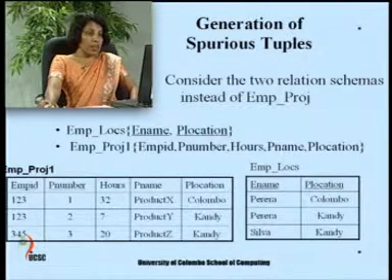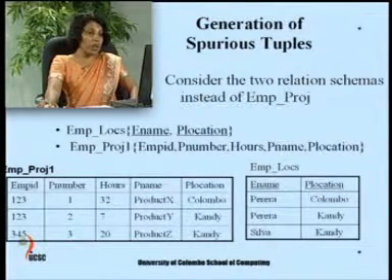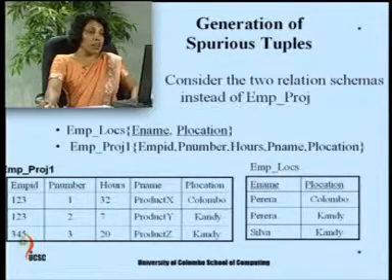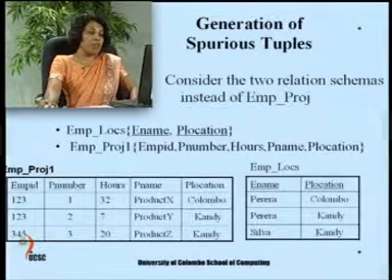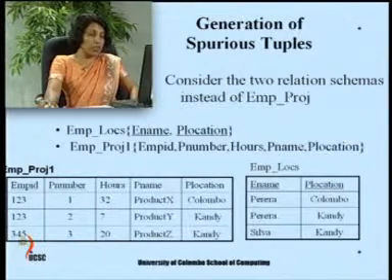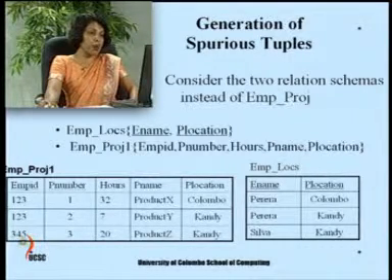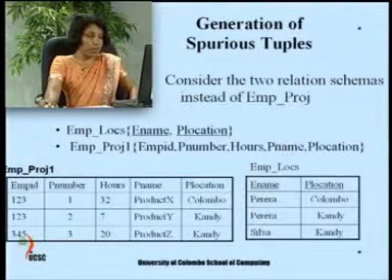And now we consider 2 relations instead of employee project. One could be employee location. For employee location we take the attributes employee name and project location, and for the employee project 1 relation we take the other attributes such as employee ID, project number, hours, project name and project location.